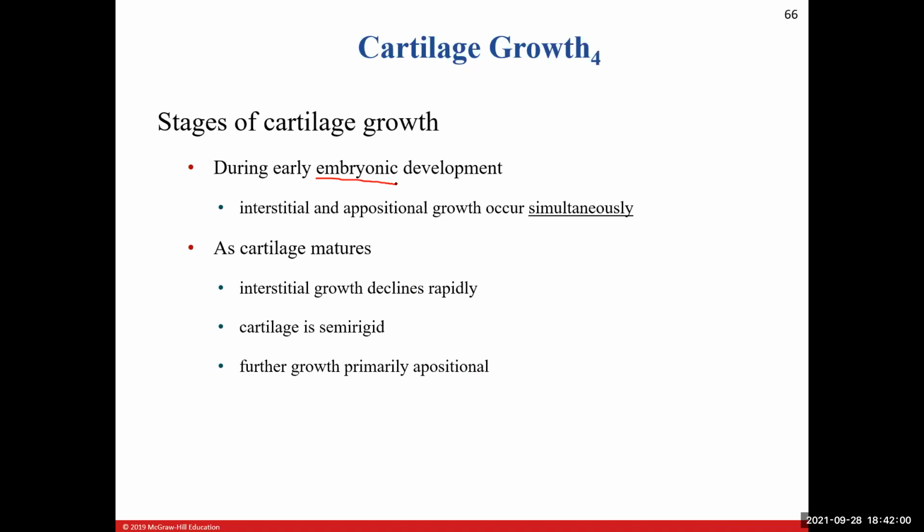As that cartilage ages, that's when we start to see the cartilage get harder. Interstitial growth will decline rapidly. We will still see continued growth appositionally. So the future bones won't get any longer, but they'll start to thicken up a little bit.